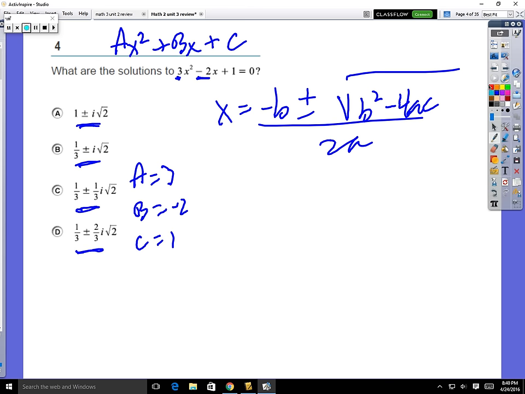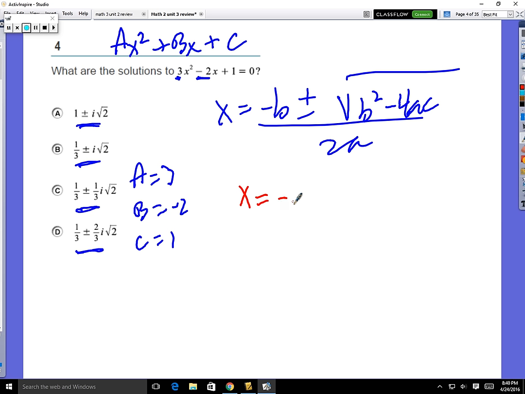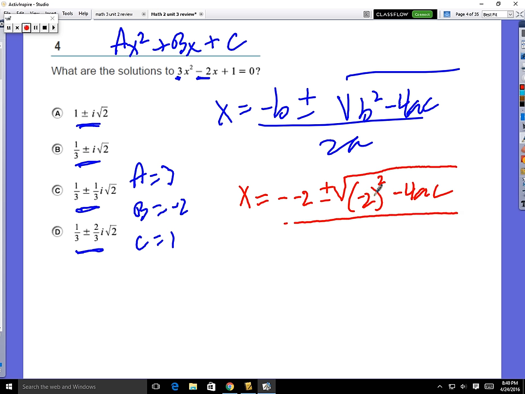So if I start plugging them in, it is x equals negative b, and b is negative, plus or minus the square root of, put this in parentheses, b squared minus 4ac. If that's not in parentheses, that's where a lot of common mistakes are, because if you square b, you have to square the negative.